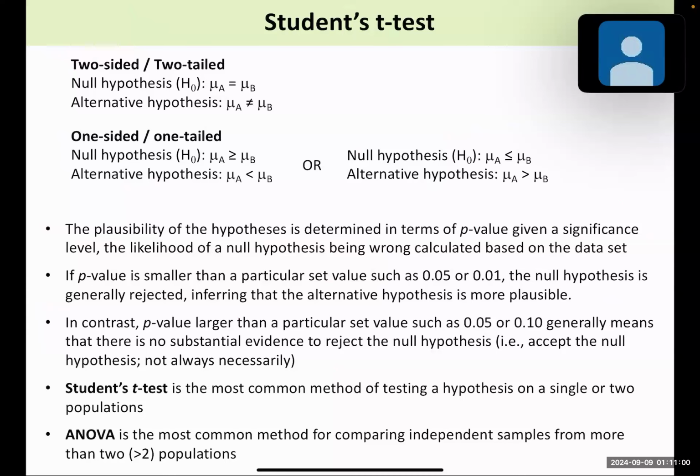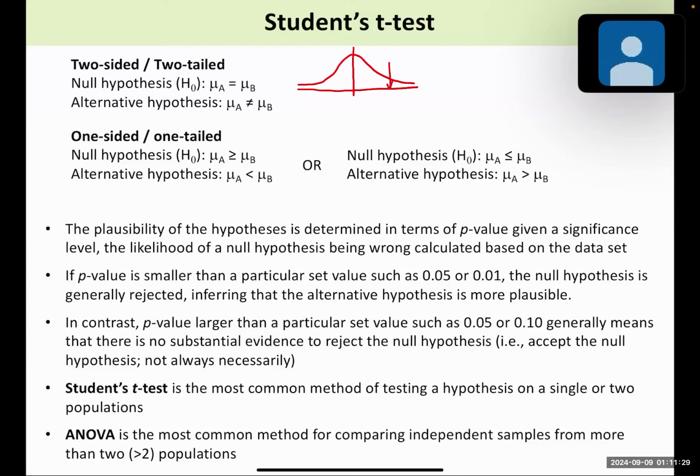All right, in the student's t-test, there are two-sided or two-tailed and one-sided or one-tailed. So in two-sided student's t-test, in this Gaussian distribution, let's take an example that your measurement is here, right?